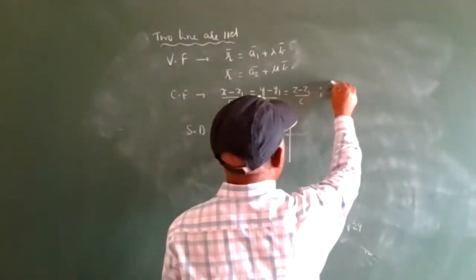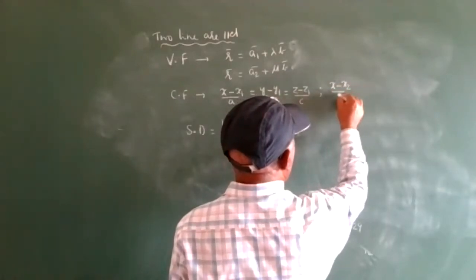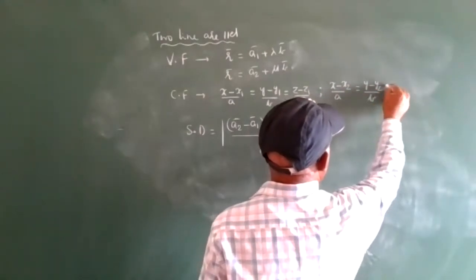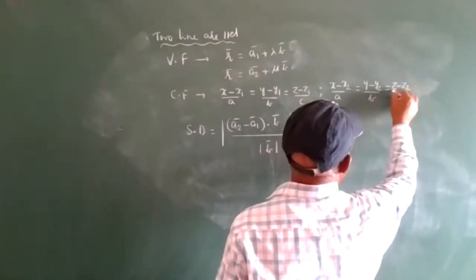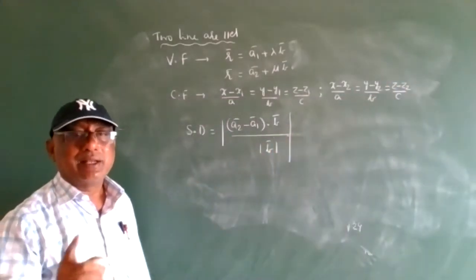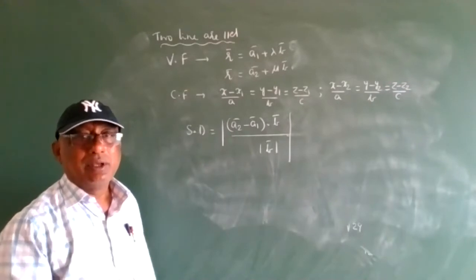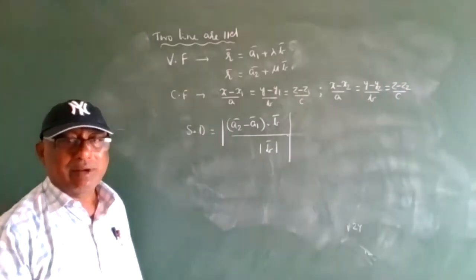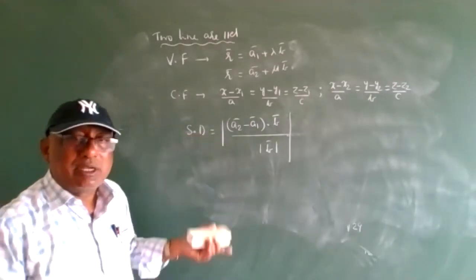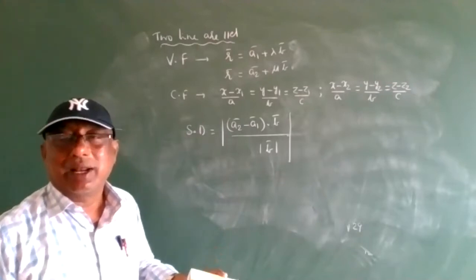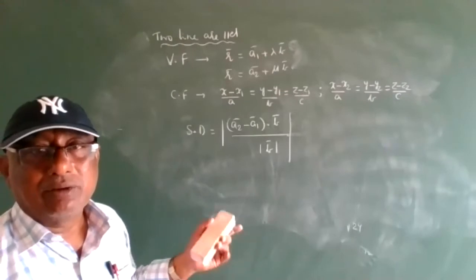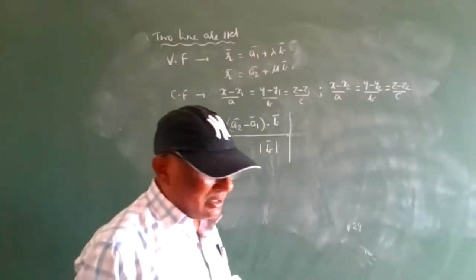The second equation is x minus x2 by A, y minus y2 by B, z minus z2 by C. So these are the denominators of the B vectors, both the same. I will write the Cartesian form of the line equation and the vector form of the line equation, and then the distance between the parallel lines also. Based on that you can see. Okay, now?